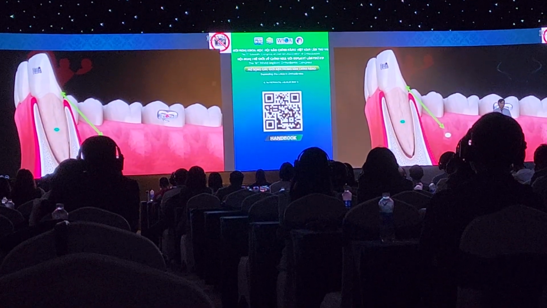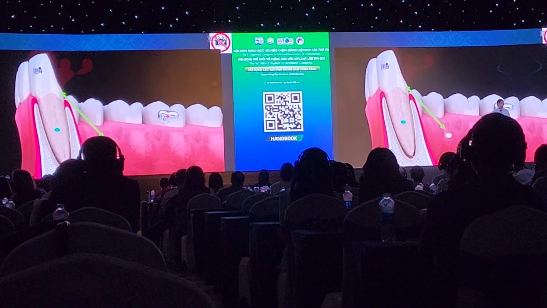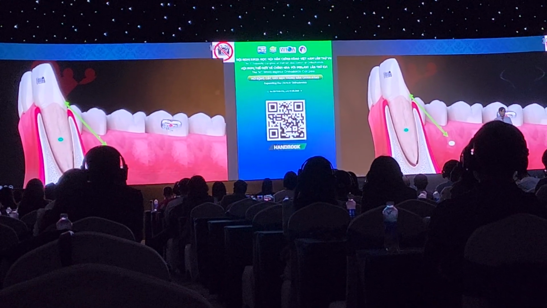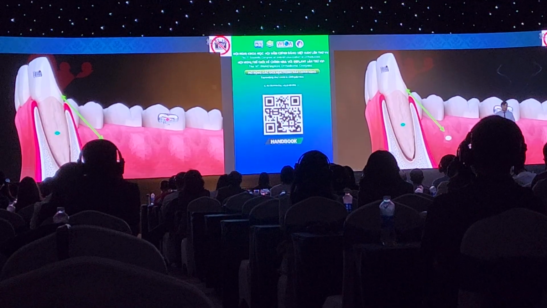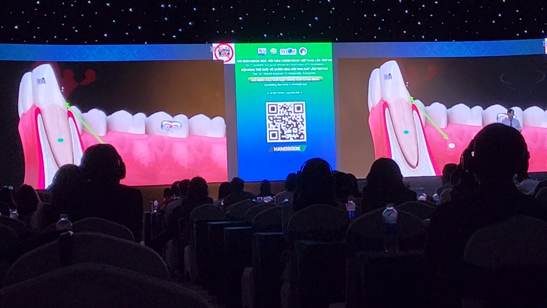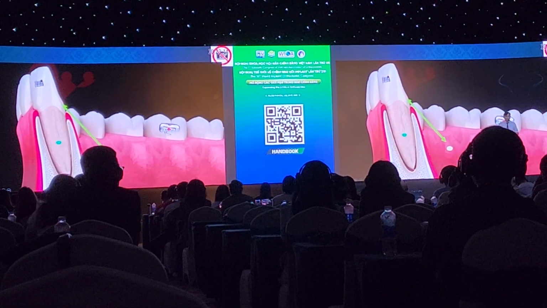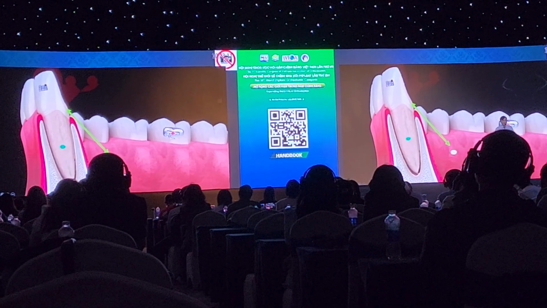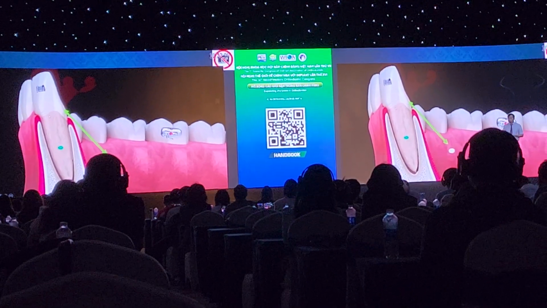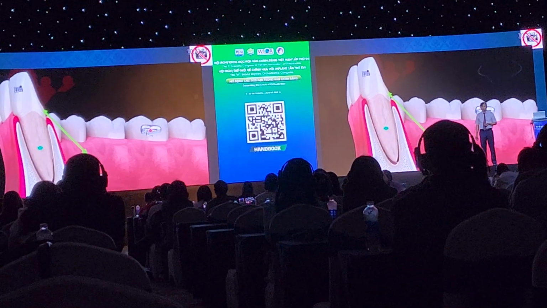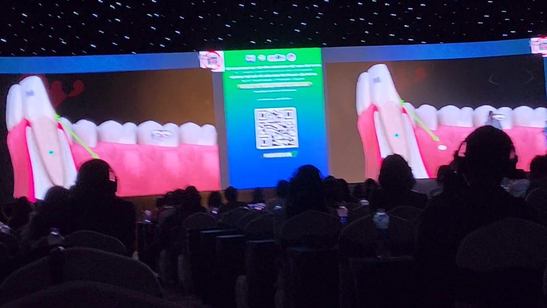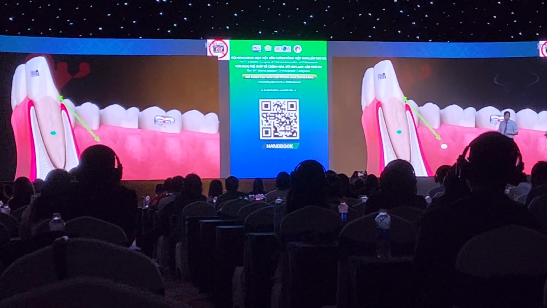So when we push with the mini screw far from the incisor, that means we cannot control the vertical dimension of the incisor. The incisor is the key of orthodontics for the easier patient.